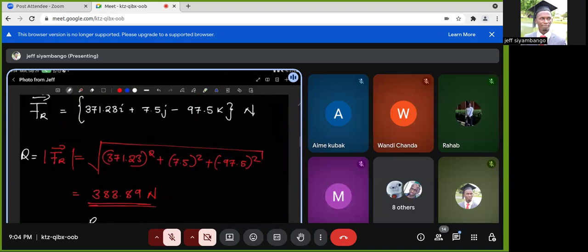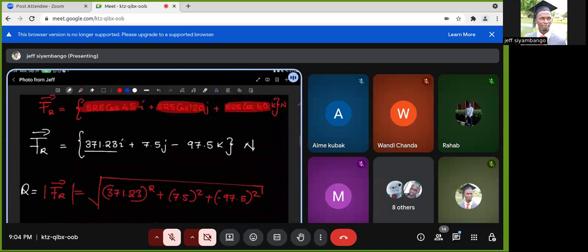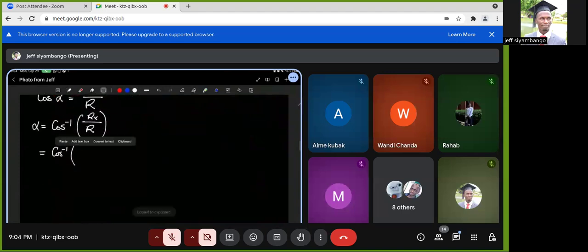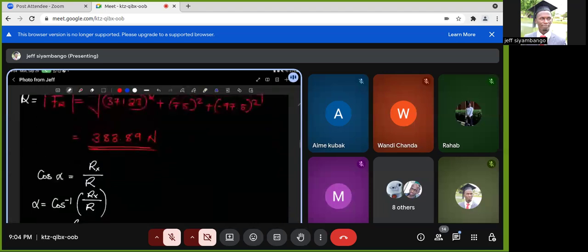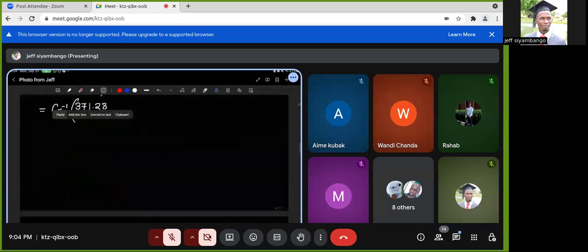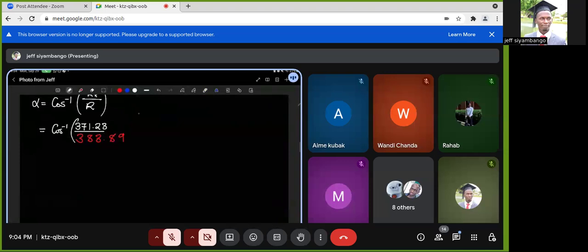The x component, when we go back, is the one that had I, which is this, divided by the magnitude of R. So the magnitude of R here is what we obtained, 383. So we divide and then we get cos inverse.